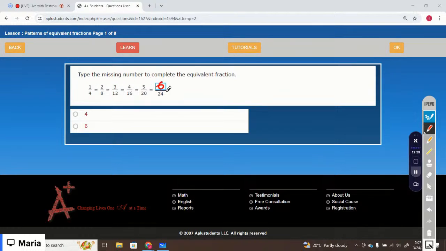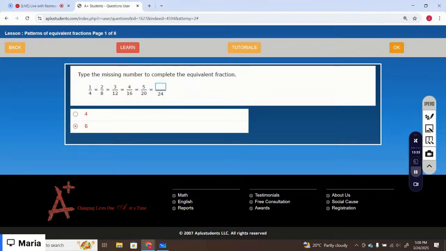So the next one we need to multiply by 6. 1 times 6 is 6 and 4 times 6 is 24. The correct option is 6 over 24. Option number 2 is the correct option.